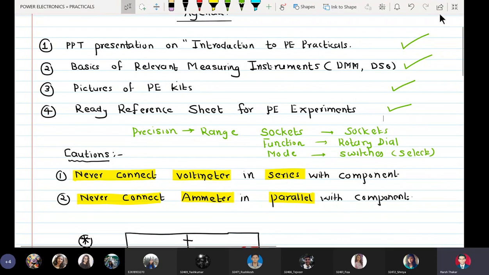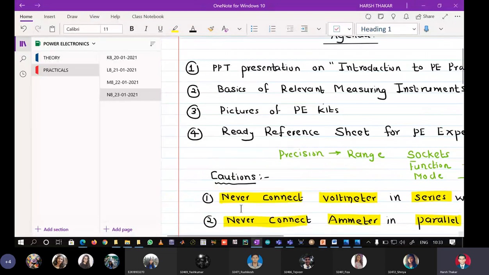So now the last thing I wanted to show is the simulation of a semi converter using MATLAB Simulink. I will open MATLAB.